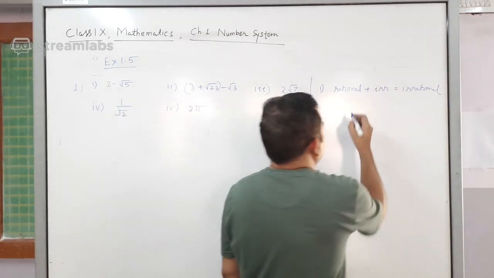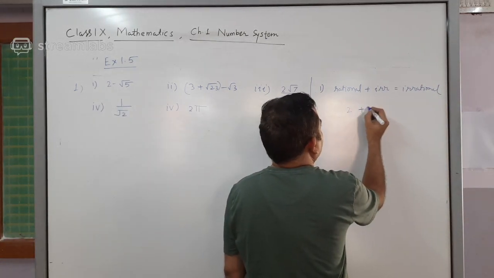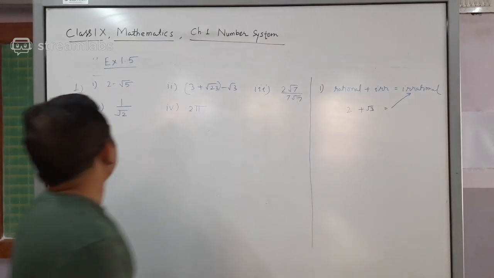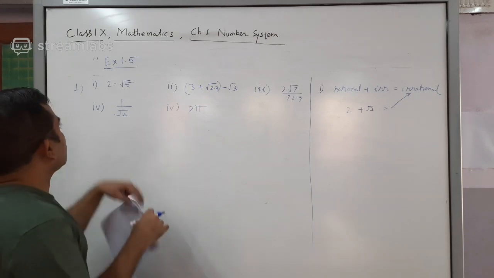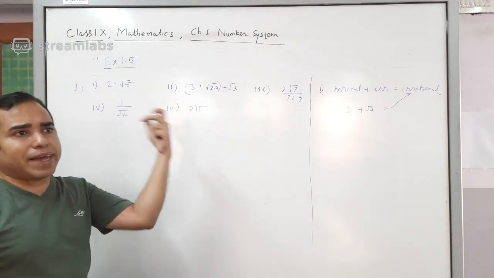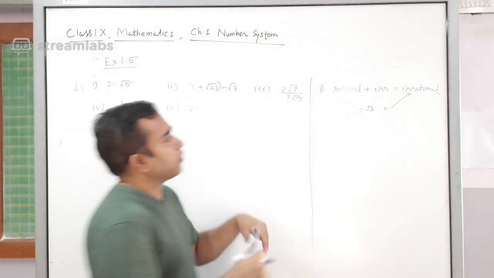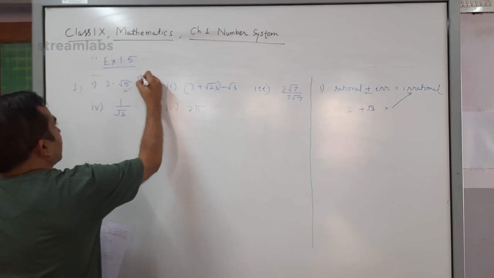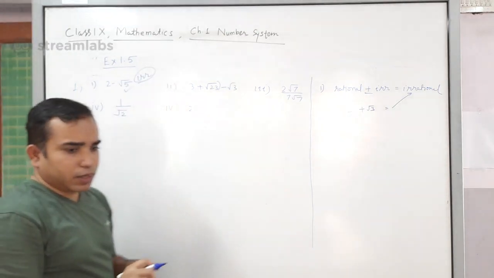So if 2 is rational and root 3 is irrational, then 2 plus root 3 will become irrational. With similar logic, 2 is rational and minus root 5, and the same thing is valid for minus also, plus or minus, right? So 2 minus root 5 will be certainly irrational.